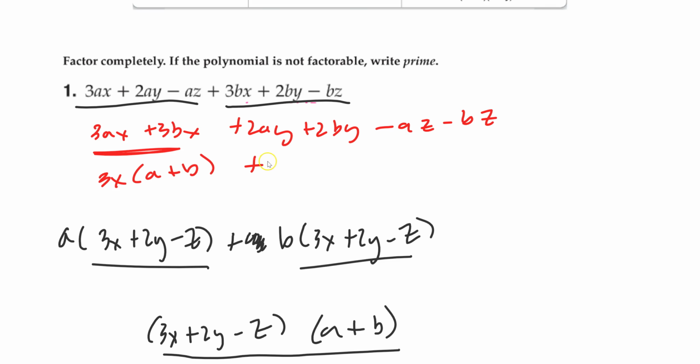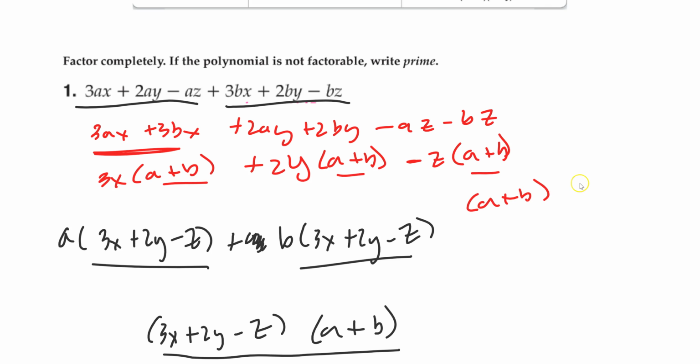And over here you can factor out a 2y and get a plus b. And over here you can factor out a negative z and get a plus b. And if you notice, these all match. So you get a plus b and left over 3x plus 2y minus z. So 2 ways to do it. I think most people like to cut it in half. Just do it that way, but it's more than one way to skin a cat.